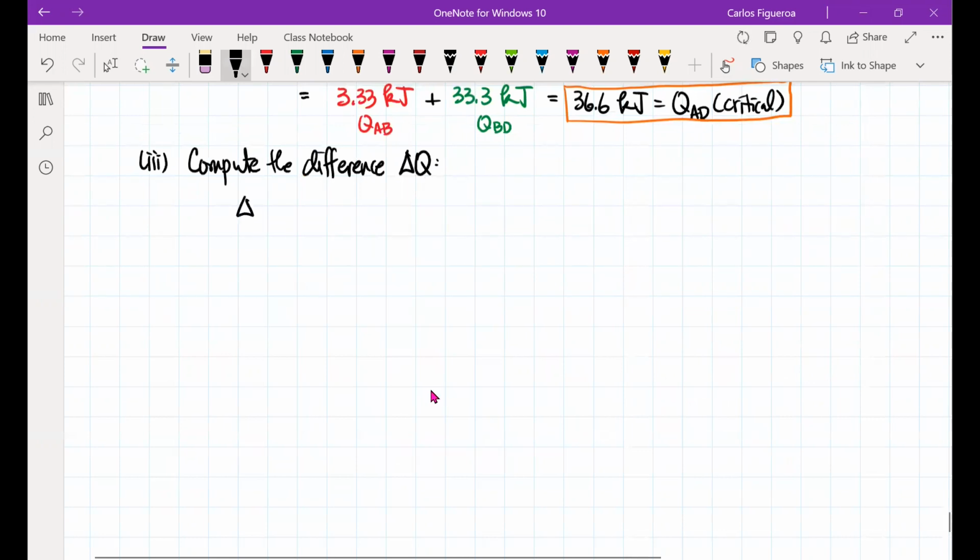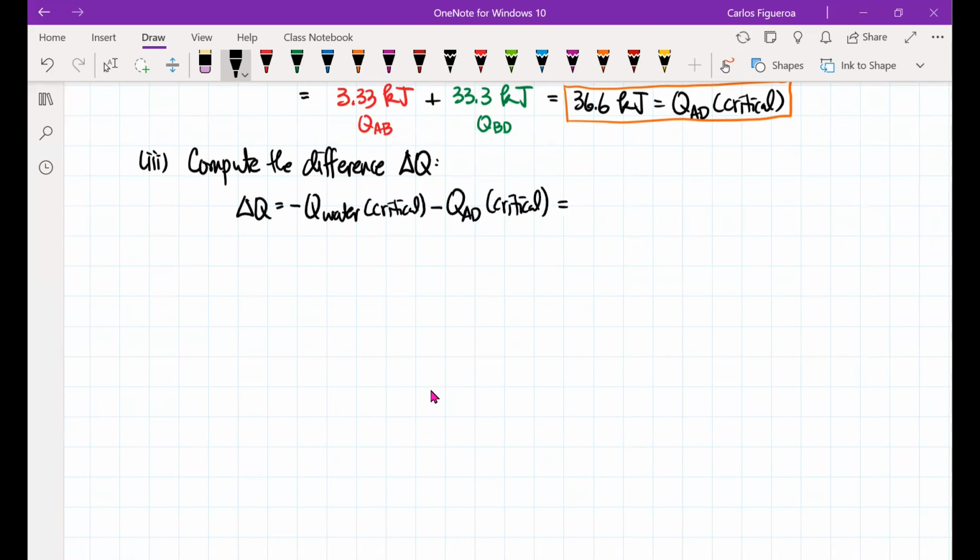Delta Q is going to be minus Q water at the critical point minus QAD at the critical point, and this quantity is plus 21 minus 36.6, which gives me negative 17.6 kilojoules.